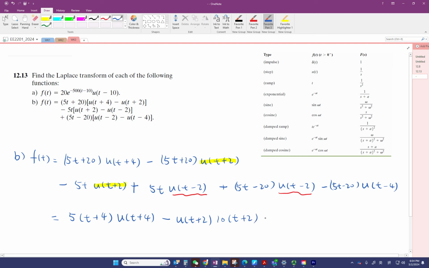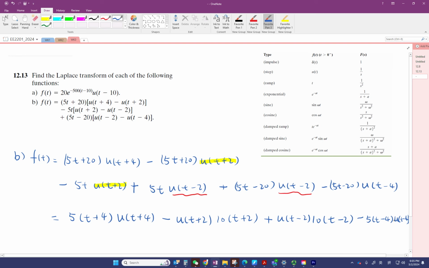Okay, and for another one, we're going to plus a u(t minus 2), and here is a 5t plus 5t, 10t. We take that 10 out as (t minus 2). Okay, the last one here is we take a minus 5 out, (t minus 4) u(t minus 4).